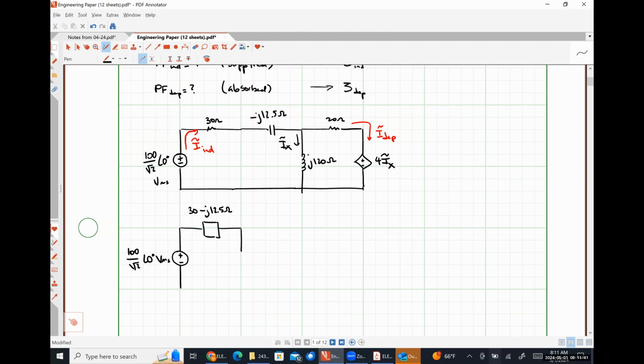Now I have my j120 ohm impedance here, my 20 ohm impedance here. And here is 4 Ix.